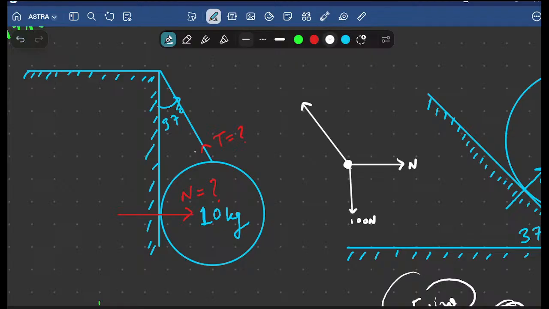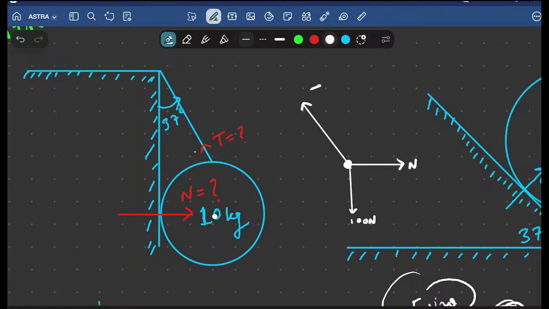I've reduced the size of the sphere for clarity. In future, we will call this point the center of mass, where we have concentrated the mass of the system. This is a spherical system. We will give a specific name to this point, that is center of mass. But right now, just understand that I have reduced the size of this system for the sake of convenience. That's it. Okay. Now understand.